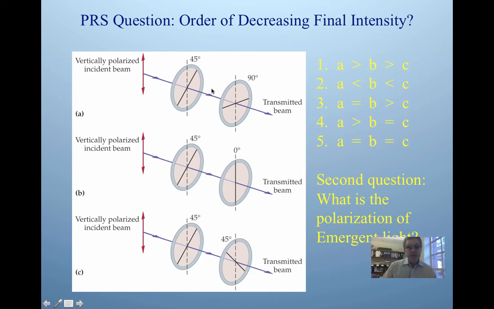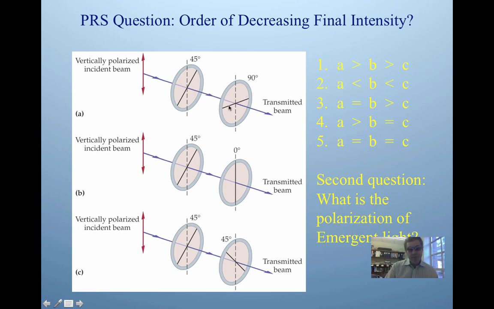Now that light is polarized slightly differently. Now it's polarized at a 45-degree angle because that was the transmission axis that it just came through in the first filter. It sets it up for the second filter. So now we only care about how far the transmission axis of the second filter is away from 45. Well, all of them, it turns out, are away from 45. Let's see how much.